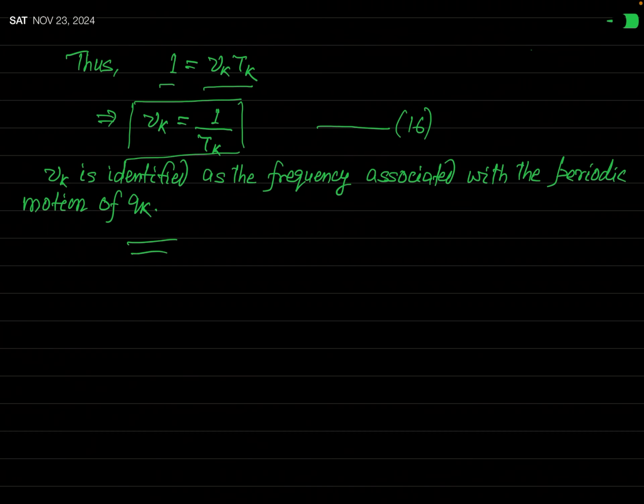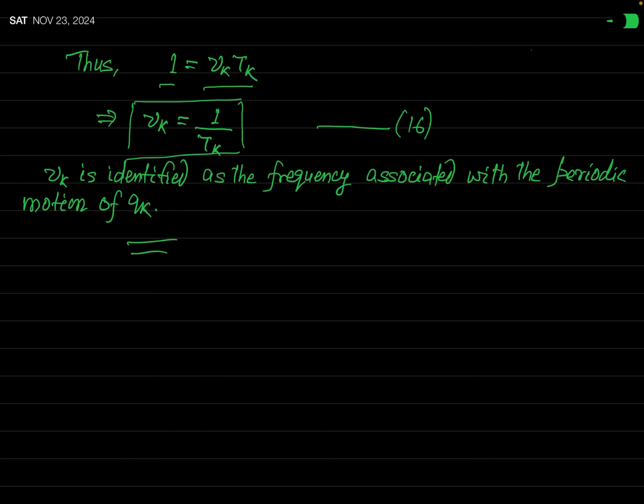So in this way, without finding the details of the orbit of the particle or system describing this periodic motion, we can obtain the frequency of this periodic motion, without going deep into the problem.